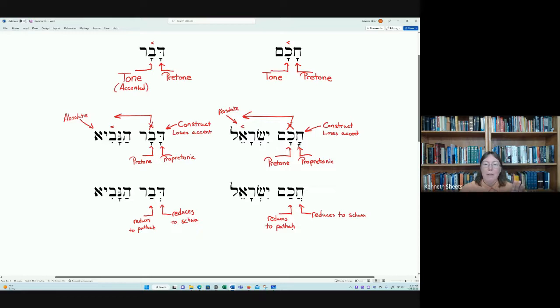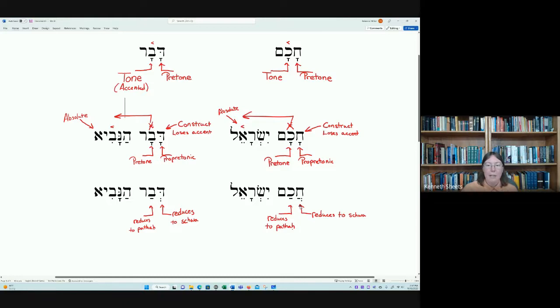But because the het is a guttural, remember those gutturals, aleph, hey, het, ayin, those gutturals cannot take a simple vocal schwa, but they do take a composite schwa. And so we've got that composite schwa underneath the het here.